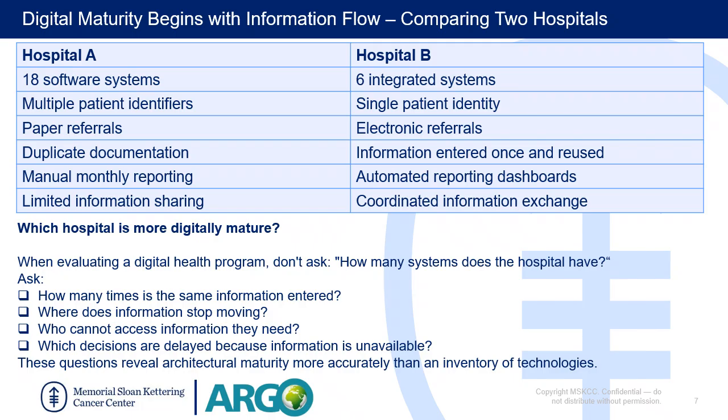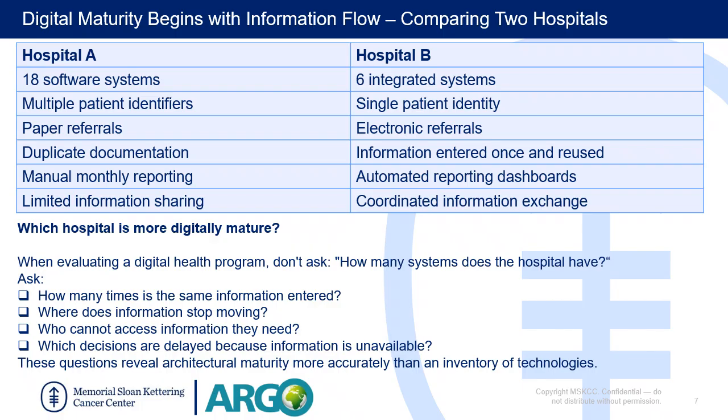Now consider the two hospitals shown in the slide. Hospital A, they've invested so much in software applications, right? They have 18 different software applications, and each of those applications has its own patient identifiers.